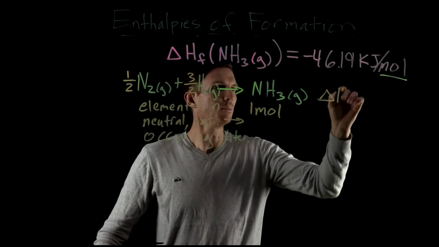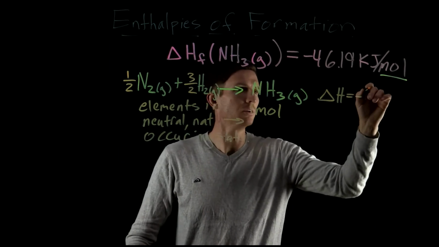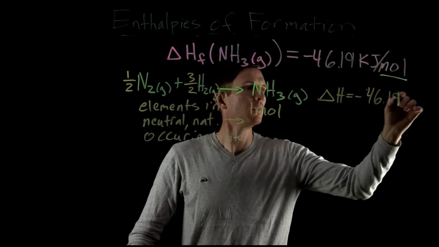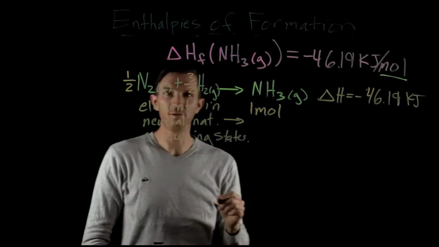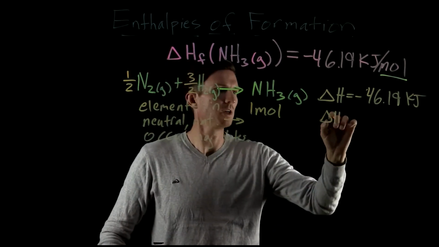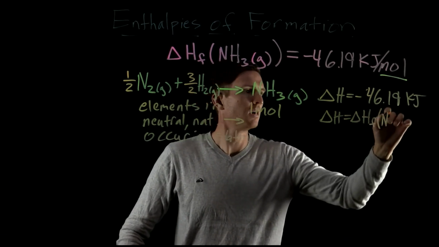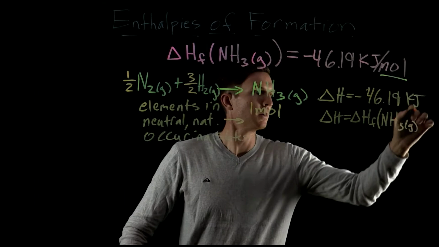The change in enthalpy for this reaction is what we define as the enthalpy of formation. This is a formation reaction, so this enthalpy change is equal to the enthalpy of formation for ammonia as a gas.